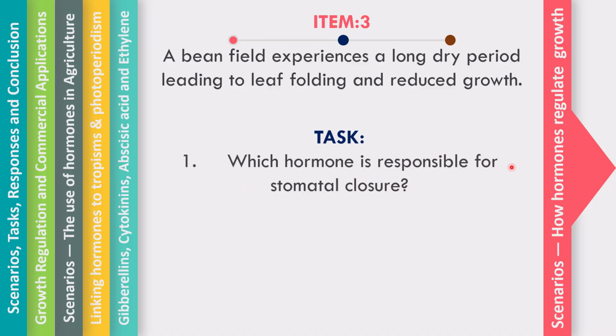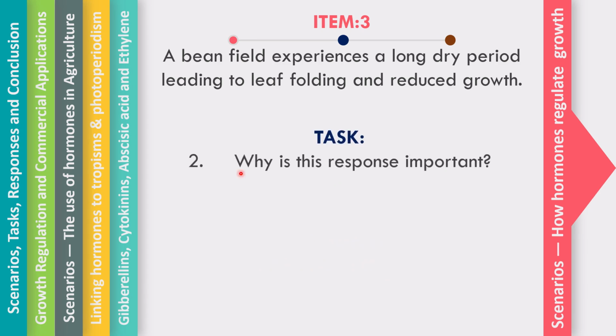Which hormone is responsible for stomatal closure? Abscisic acid, ABA. Why is this response important?